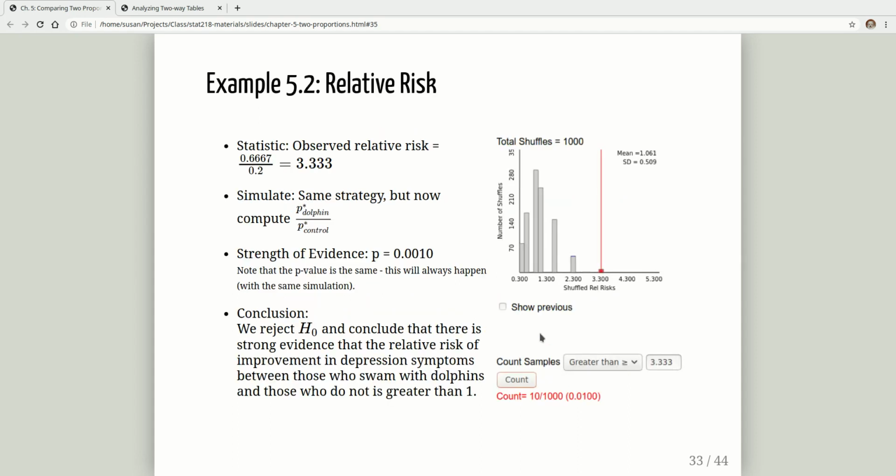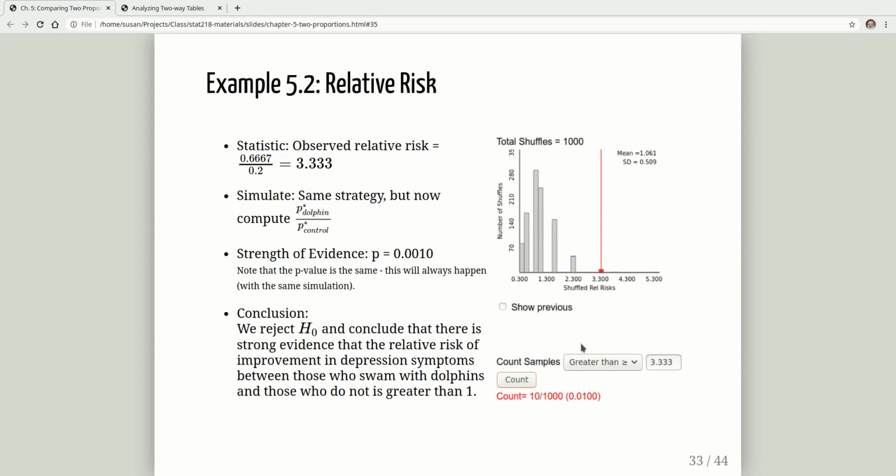Alright, so we expect the exact same p-value, the exact same results. We're just going to change our observed statistic to be the observed relative risk. We get the same p-value, we reach the same conclusion.